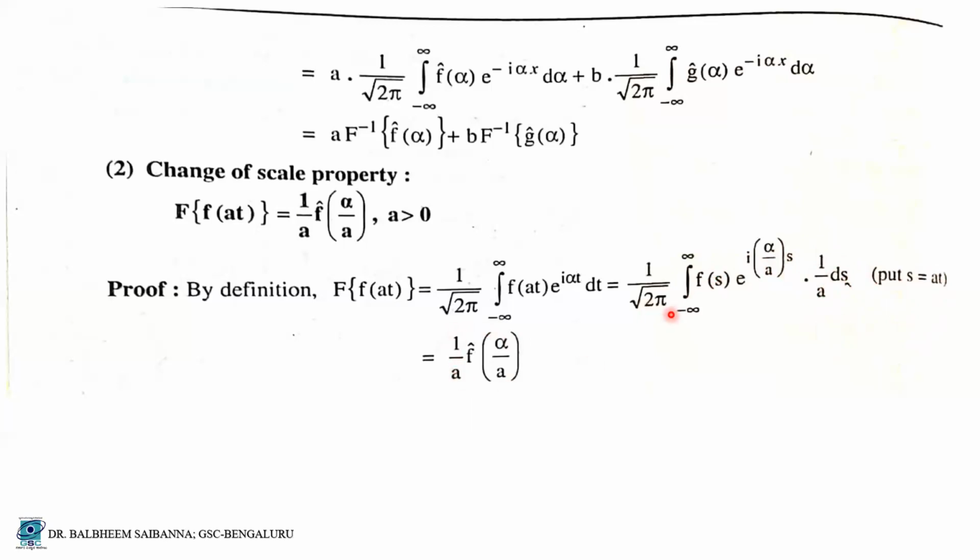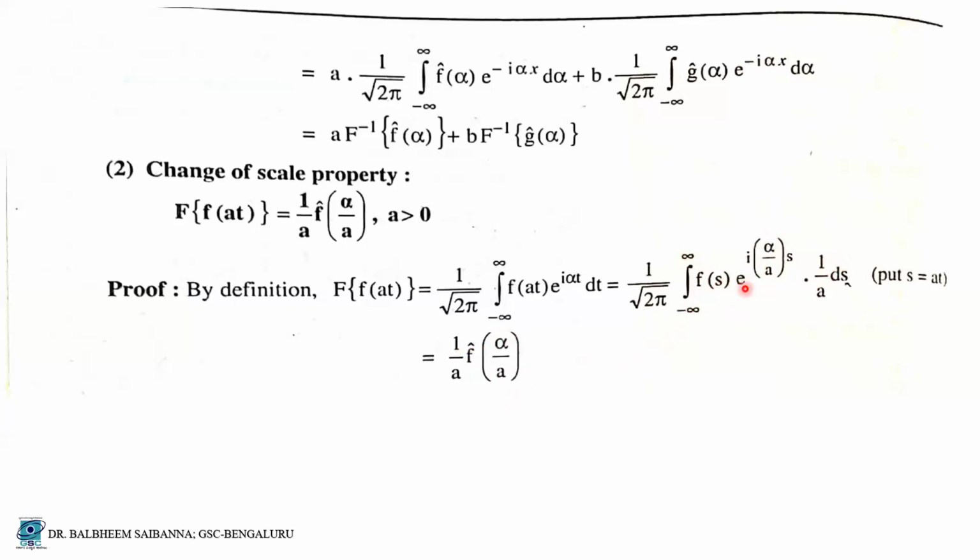Then 1 by a. See the remaining integral, which form is it? 1 divided by root of 2 pi, integral over minus to plus infinity, f of s e to the power of i alpha by a s ds. It is in the form of f cap of alpha, the complex Fourier transform, so we can write it as f cap of alpha by a.